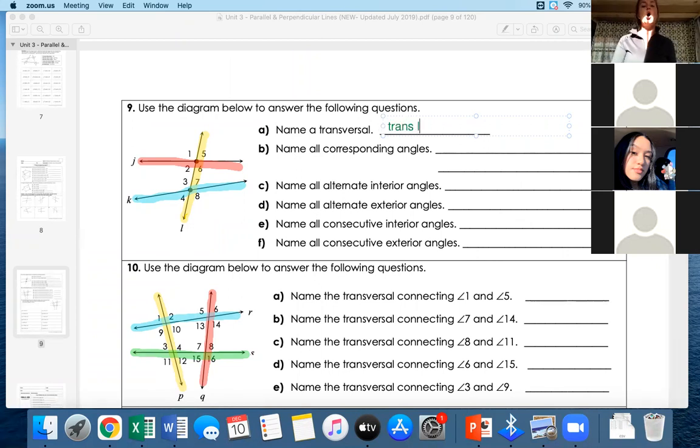Perfect. Now we need to come up with all of the corresponding angle pairs. So just tell me two numbers.